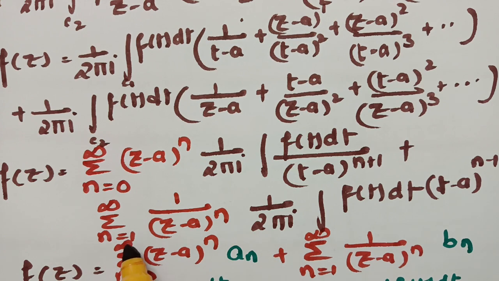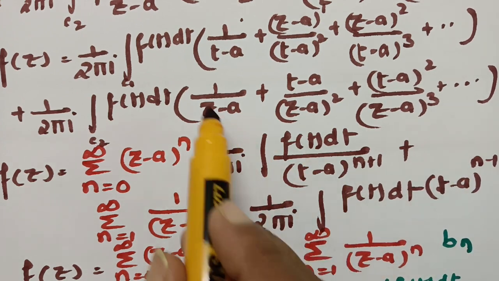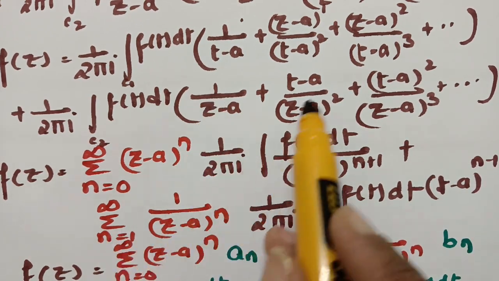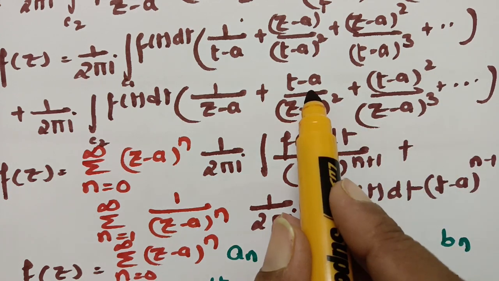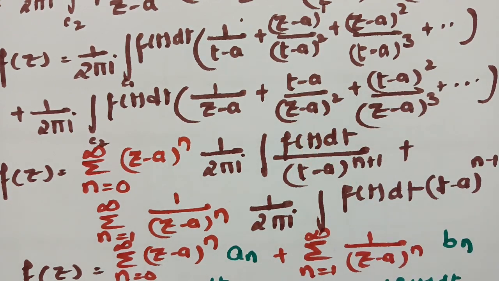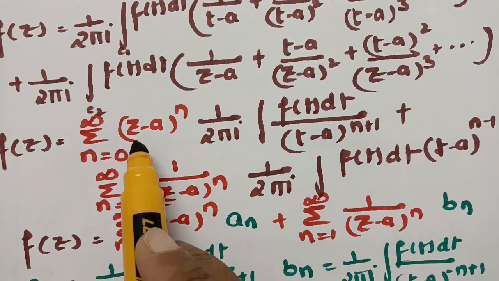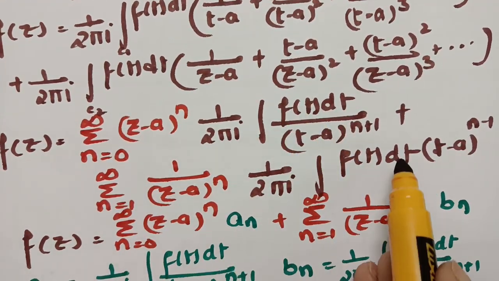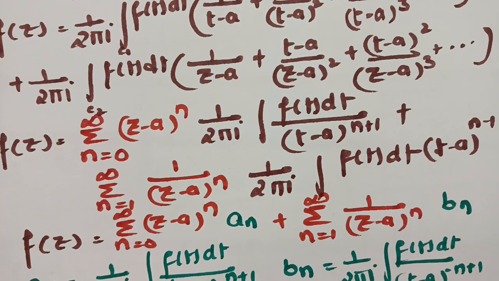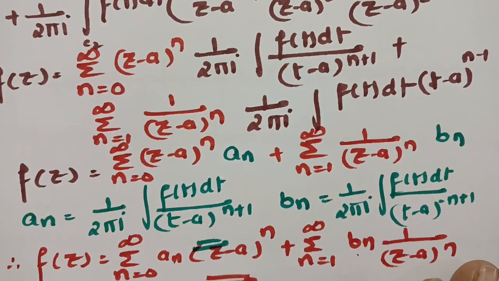If you keep n equals 1, anything to the power of 0 is 1. If you keep n equals 2, this will be power 1, next, n equals 3, it is square, and so on. So here this term I'm writing as a n, and this term I'm writing as b n. So this is nothing but the Laurent theorem statement.